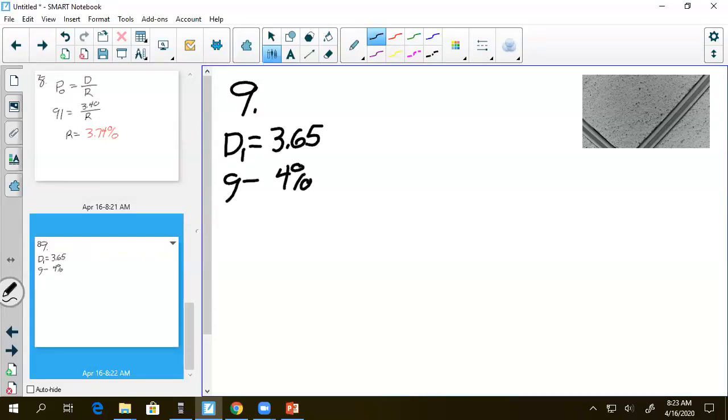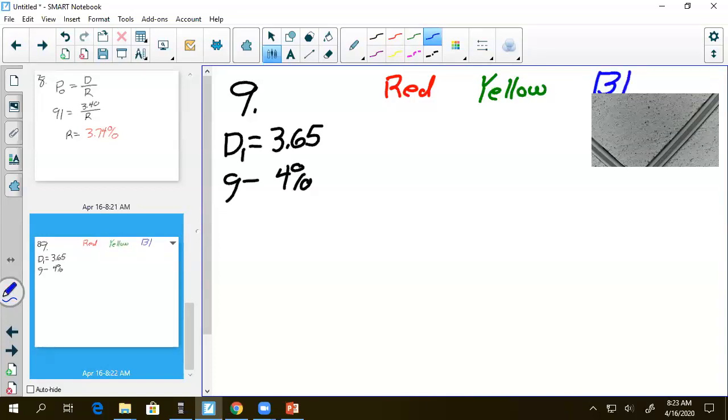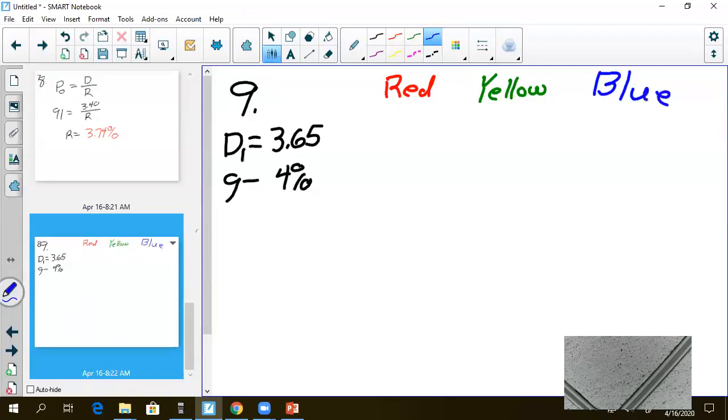Now, we're going to have red. And I know they have yellow, but I'm going to do it in green because you can't see the yellow on the board. And blue, right? Now, we're looking for the price of the stock.